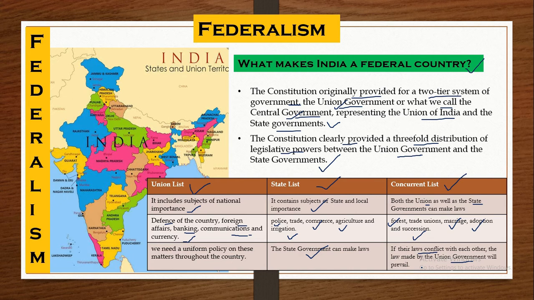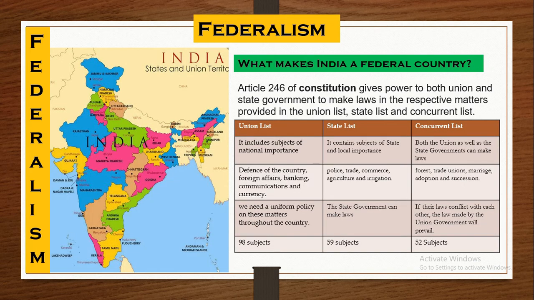So we have seen what is guaranteed by the Constitution initially and how it has clearly provided the distribution of legislative subjects between the union government and the state government. There is a very important point now.